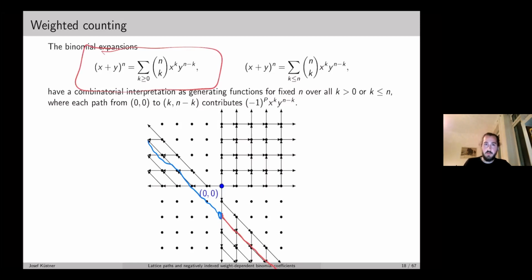And if we sum over all paths that go to the blue line, we will come up with this binomial expansion as generating function. So if we give them the weight minus the sign of the path and x to the k, y to the n minus k, which is the weight then.